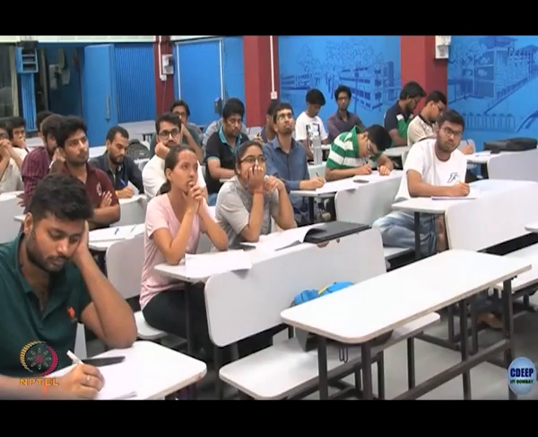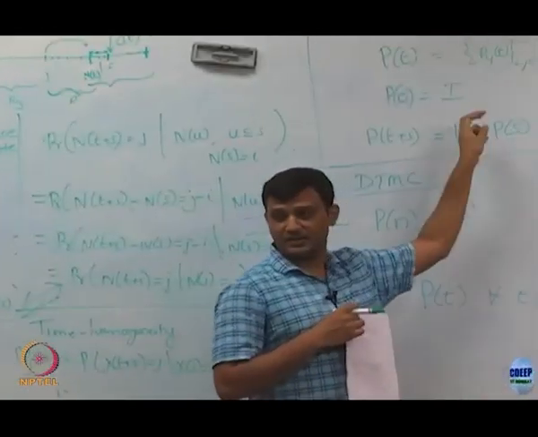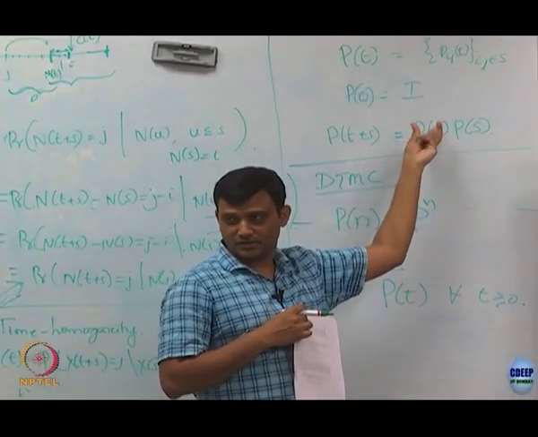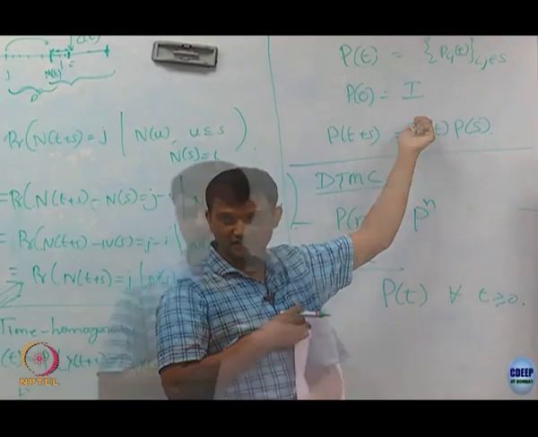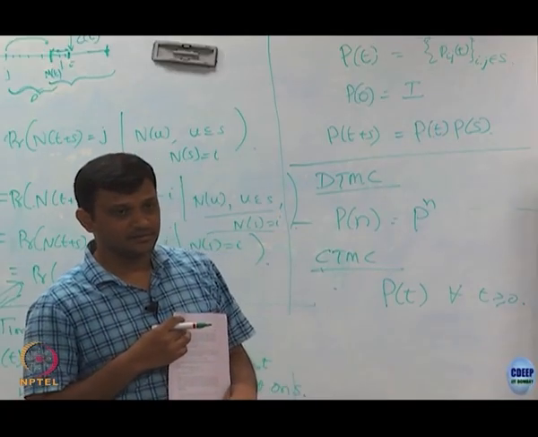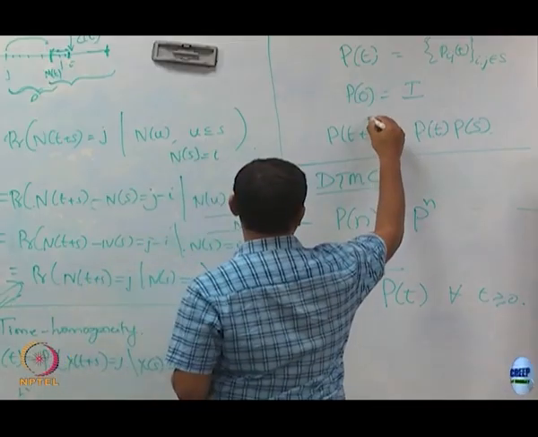We will see why it has to be of that form and not anything else. P of t plus s we are saying is going to split. Is the exponential the only one which will have this property? Is that the case? Whatever, just define s as delta t.